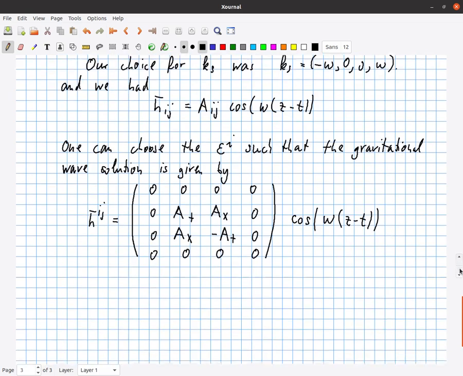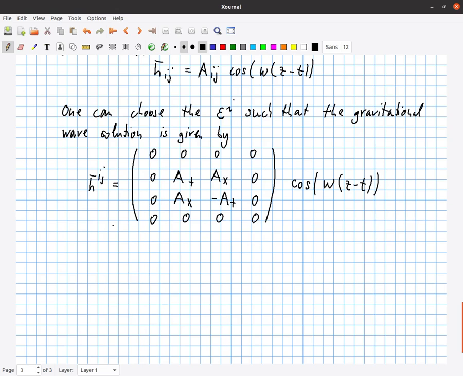And this gauge is very common in general relativity. It has a special name. This particular gauge is called the transverse traceless gauge.